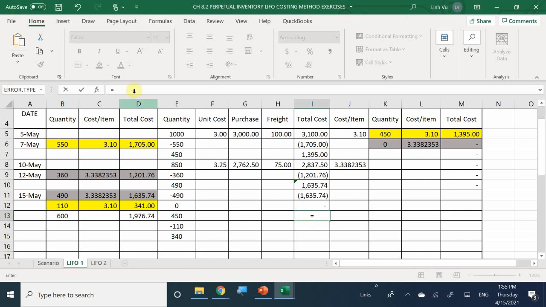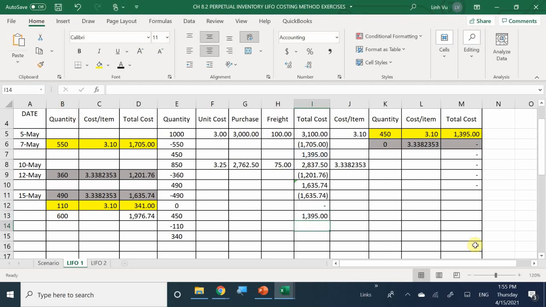We're going to locate my 450 at a total of $1,395, and we sold $341. So we should have a grand total of $1,054. Is that what you said, Alan? Yeah. Okay. It's 340 at $1,054. Perfect.